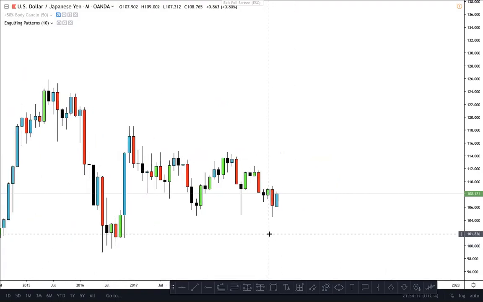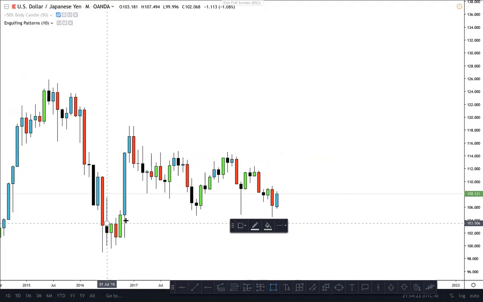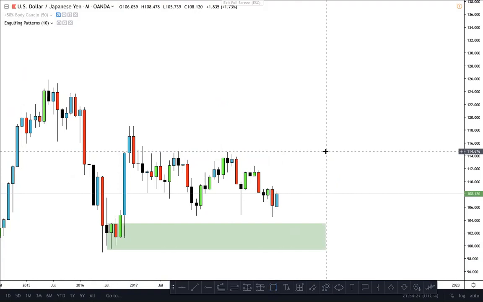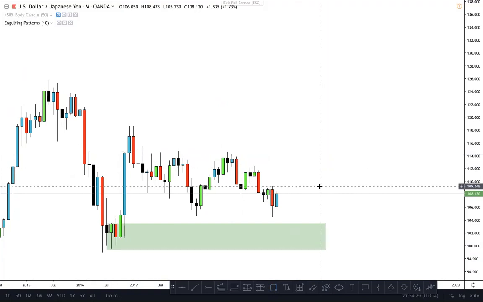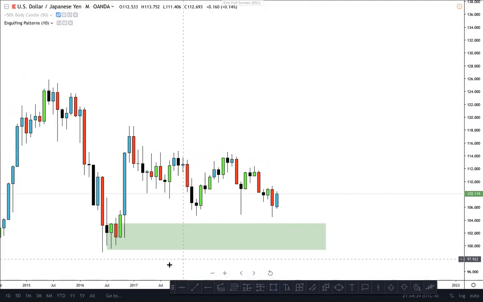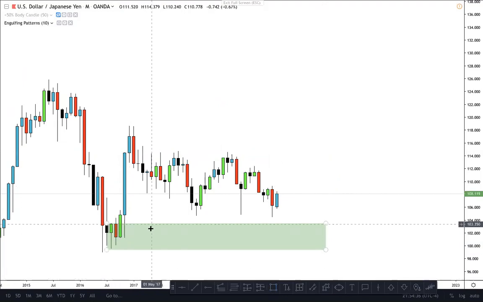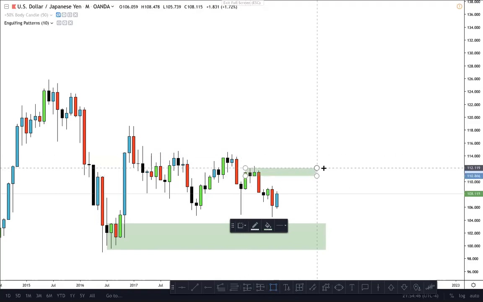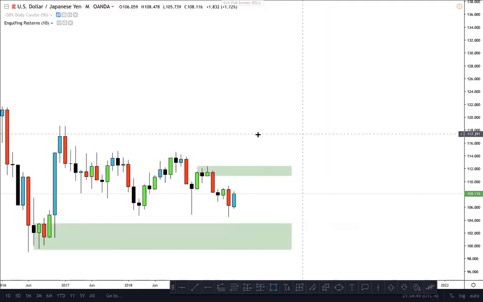So here we can see that this would be the latest demand level, right? And let's see. This would be the latest supply level, right?